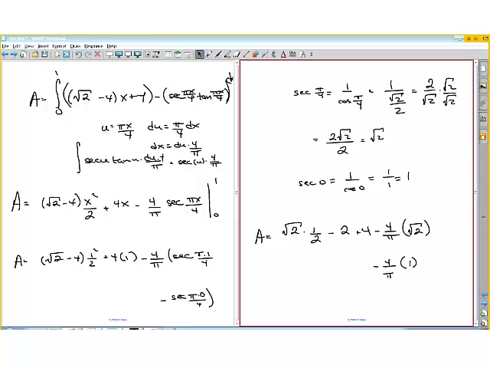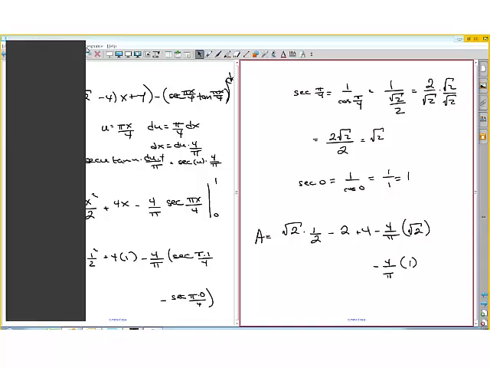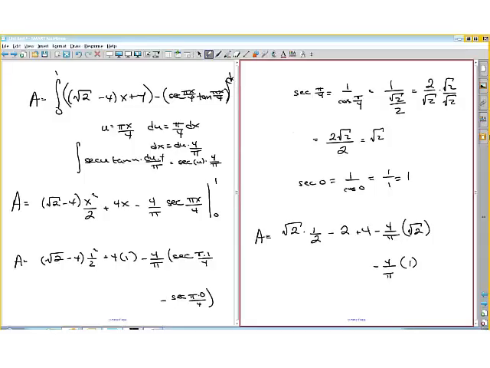Okay, let me just stop here for a second. Make sure I haven't made any mistakes. A lot of opportunities to make mistakes here. Okay, I missed a minus sign here. It's a negative times a negative, so this one becomes a positive.